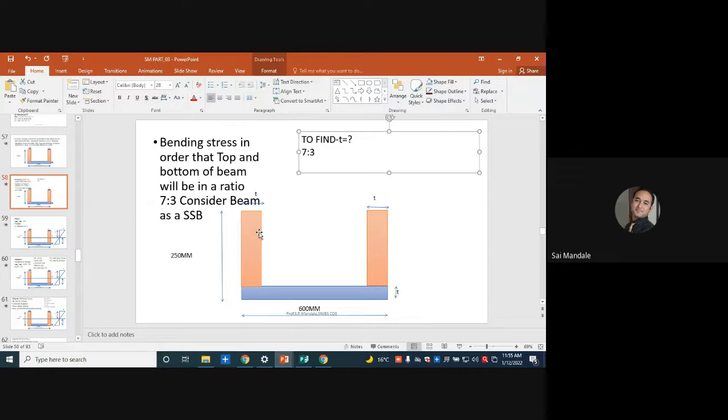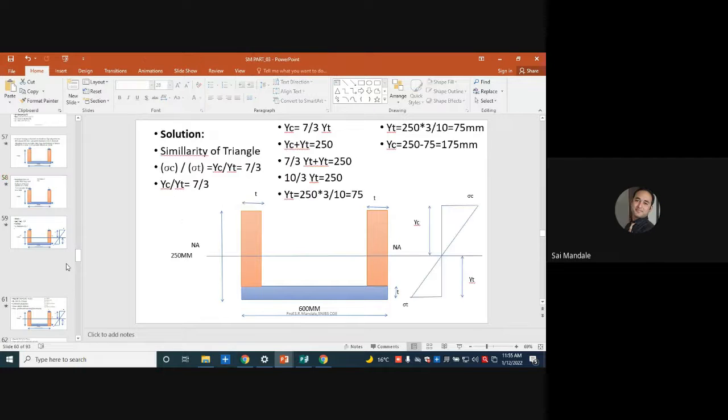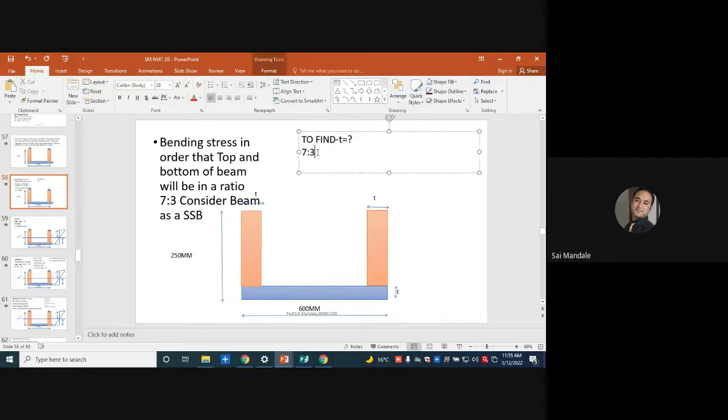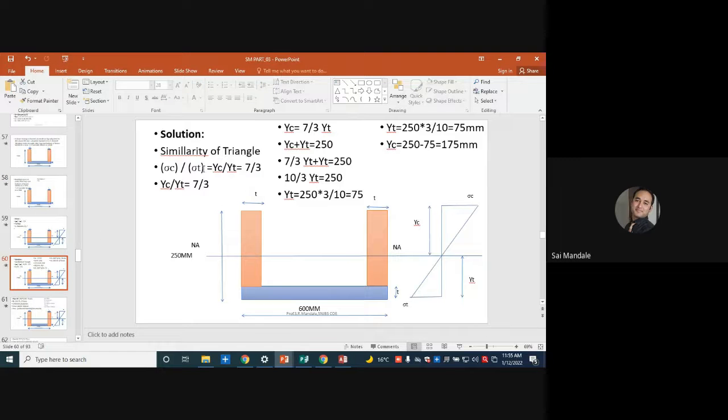So this is a simply supported beam. In case of a simply supported beam, which stresses are at the top and which are at the bottom? Compression and tension. So sigma C upon sigma T is given to us.